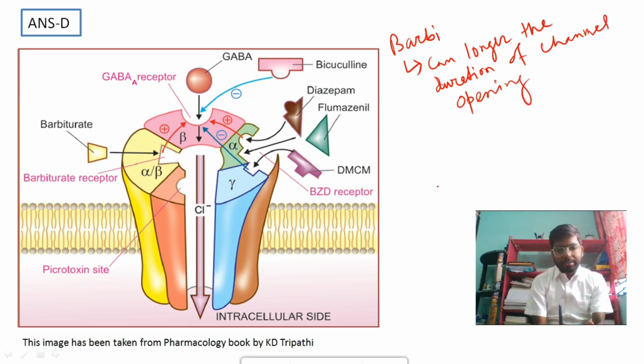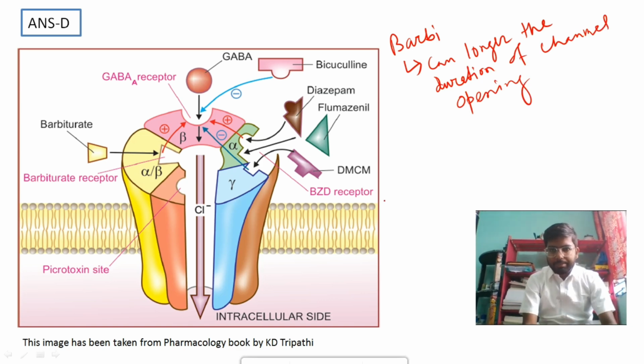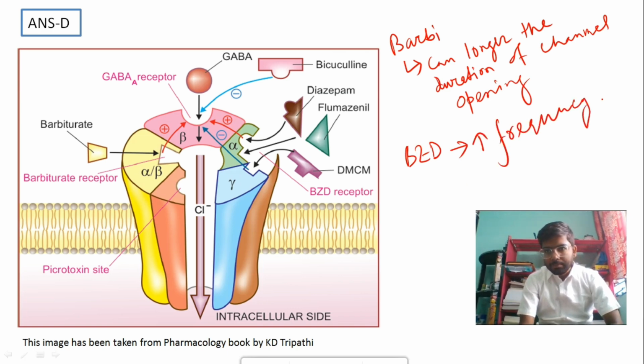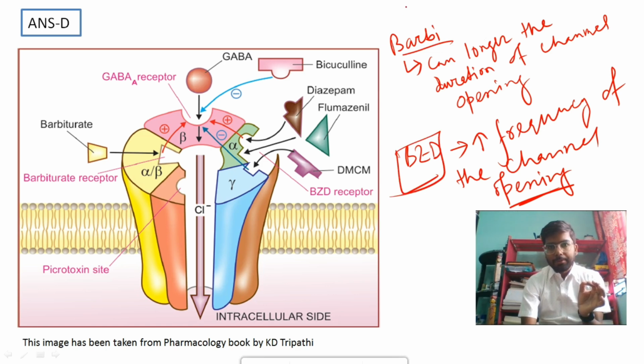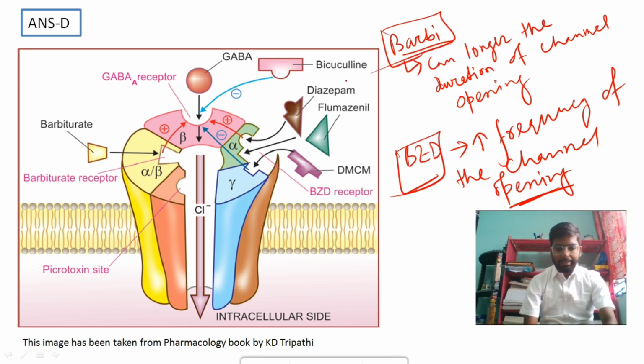Barbiturate leads to opening of the channel for a longer duration, whereas benzodiazepine can increase the frequency of channel opening. These two are the major differences between barbiturate and benzodiazepine in terms of mechanism of action.